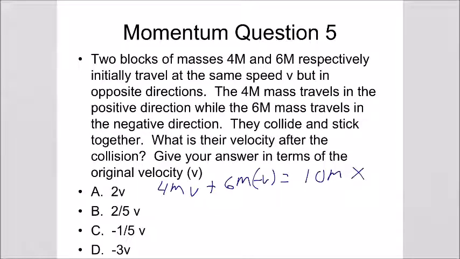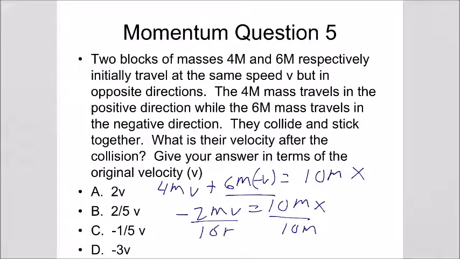So let's simplify. Over here on the left we have 4mv plus, this is going to end up being negative 6mv. When we combine those, on the left we get negative 2m times v equals 10m times x. We want to divide both sides by 10m. Notice the m's cancel.